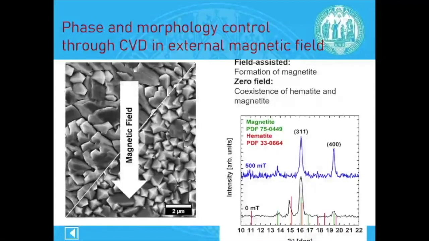Here's one example where we can change the surface morphology and the grain orientation by applying a small amount of field. On the top left, you see the magnetite film, for example, which is without field, and then the field-assisted one. If we compare the X-ray diffraction profile, we see that certain peaks are prominent because of this texturing of the grains in these films.